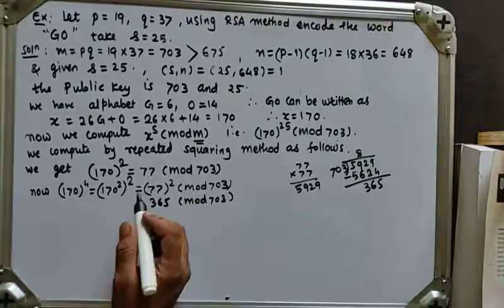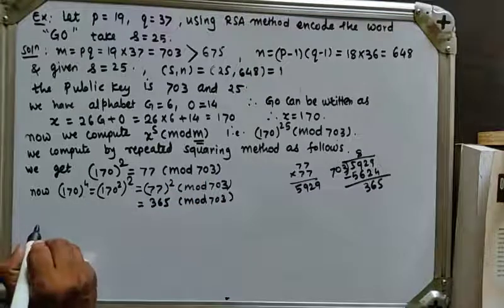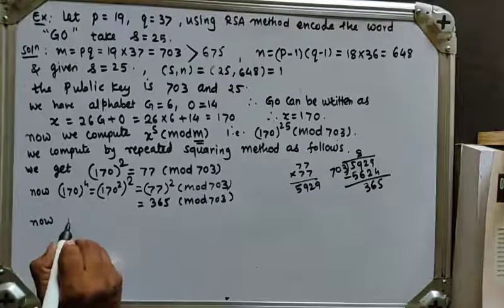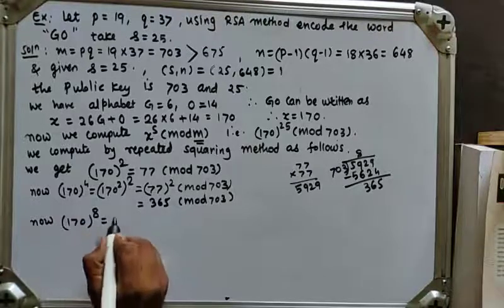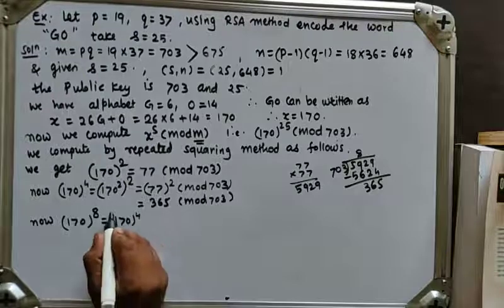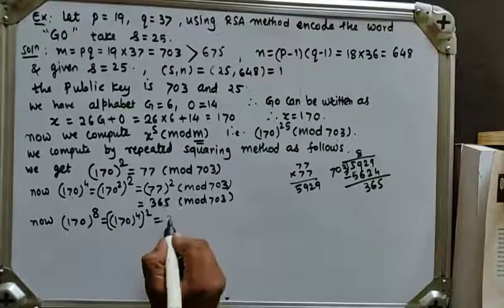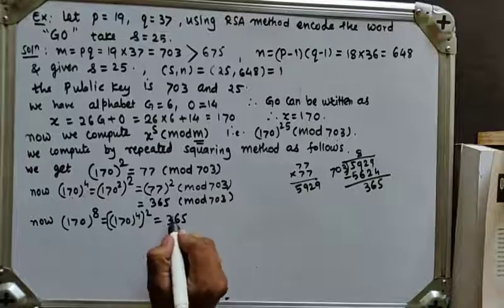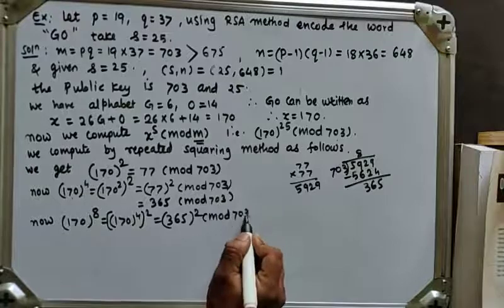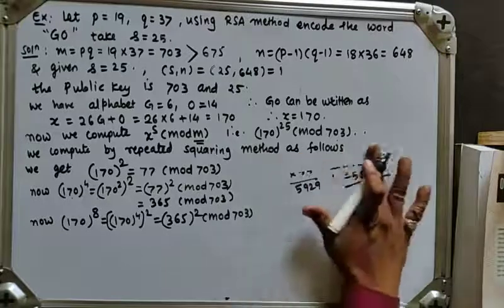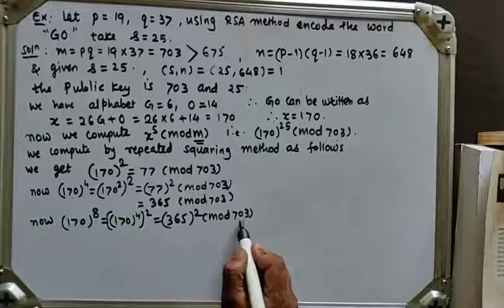Now next we have to calculate 170 raised to the 8th power. It means 170 raised to the 4th power, squared. Here 170 to the 4th power has value 365, so we take 365 squared, with the modulo operation 703.